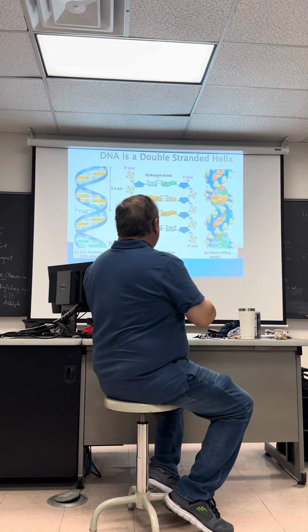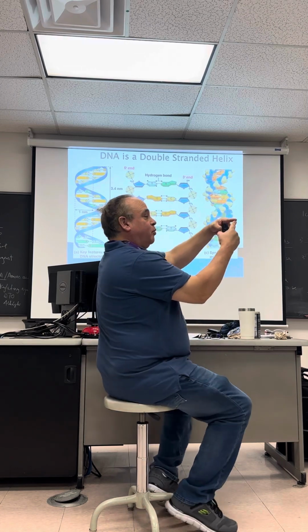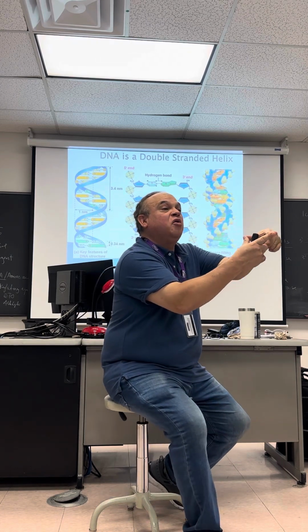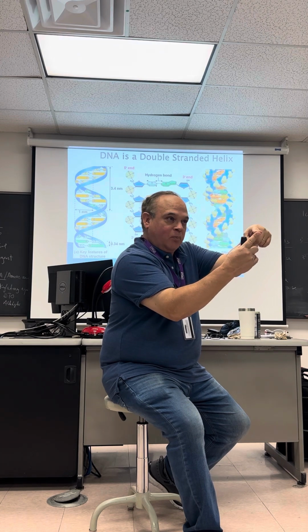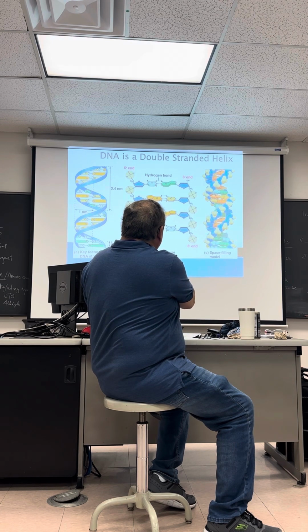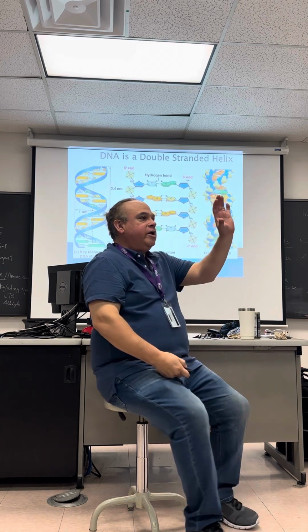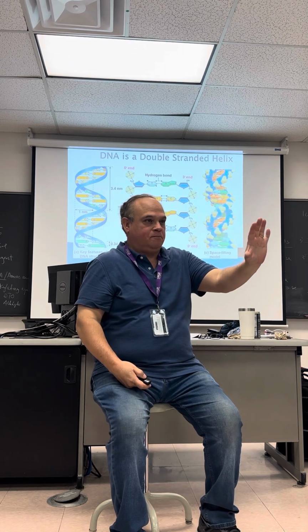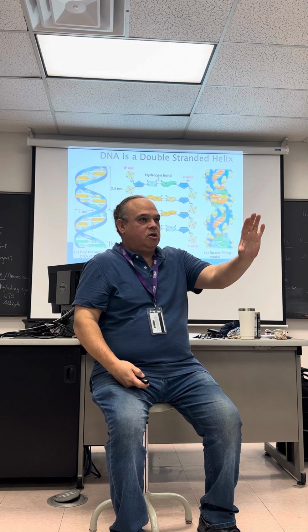So let's count them. This is the first one. Everywhere there's a point, there's a carbon, unless there's some other atom at that point, right? You can see there's an oxygen there. So here's a carbon, that's 1, 2, 3, 4, and there's the 5th one. So the phosphate group is attached to the 5th carbon. It's on the 5' location for that sugar, yes? So that's the 5' end.